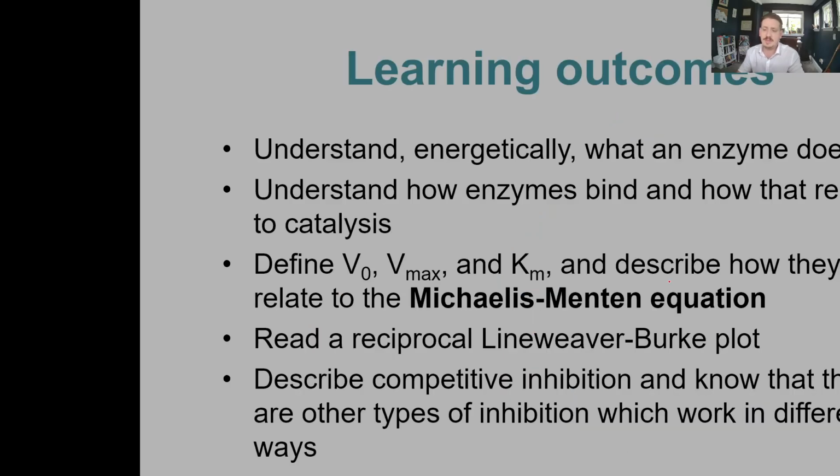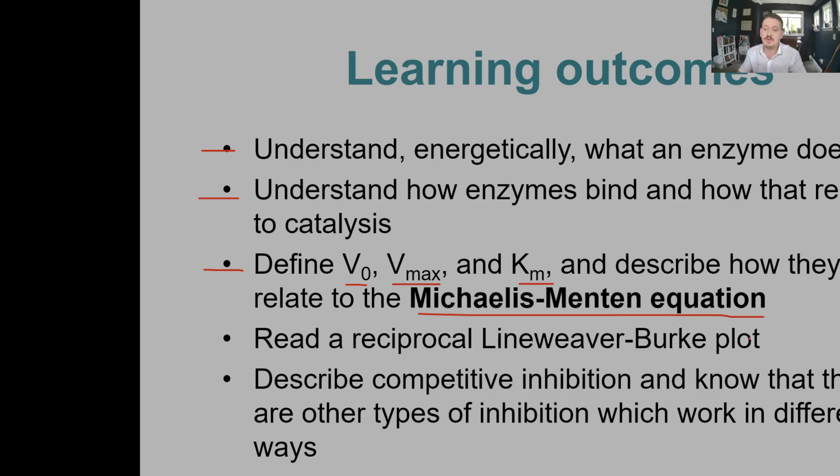So with this lecture series, I'd like you to understand what an enzyme does in terms of the energetics, the thermodynamics, how enzymes bind to their substrate, because you need to bind with the substrate in order to make the chemical reaction happen. Understand these constants, the V0, Vmax, Km, and Michaelis-Menten equation that we covered in enzymes in Biochem 1. But I'm going to refresh your memory here.